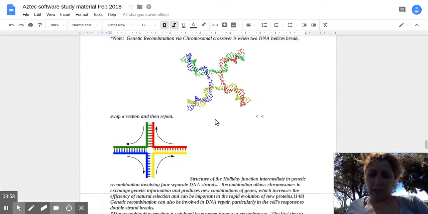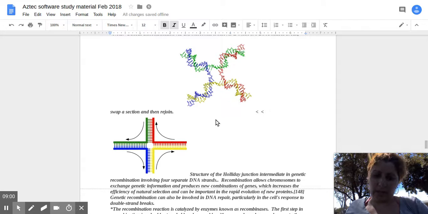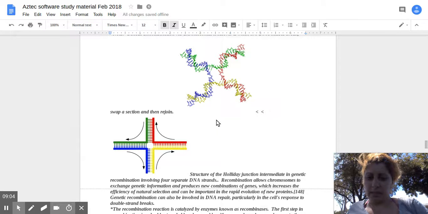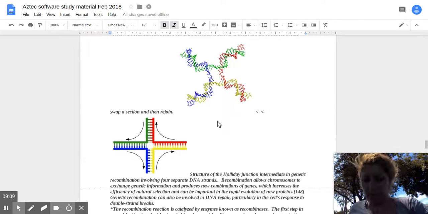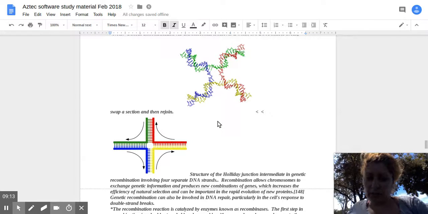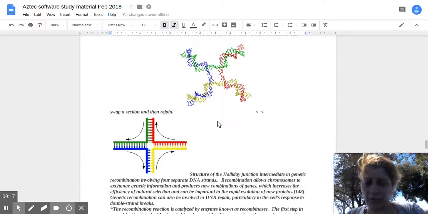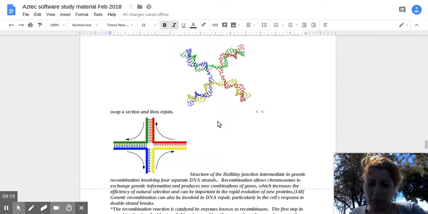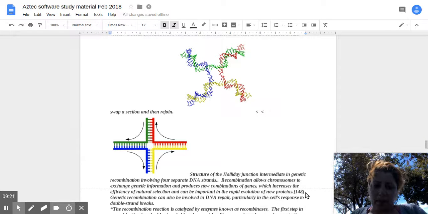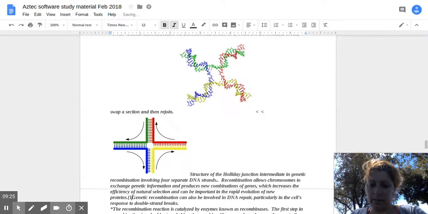Structure of the Holliday junction intermediate in genetic recombination involving 4 separate DNA strands. Recombination allows chromosomes to exchange genetic information, producing new combinations of genes, increasing the efficiency of natural selection, and is important in evolution of new proteins, and therefore changing the organism's function.